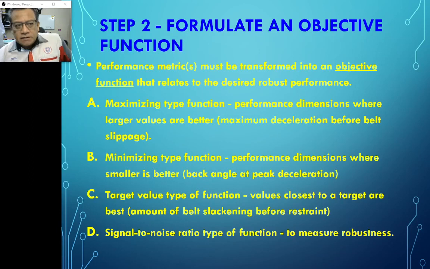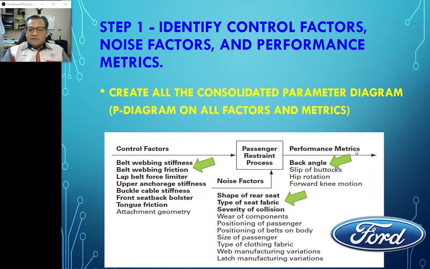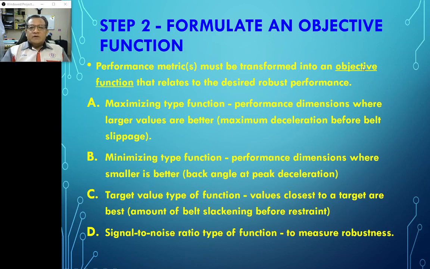Step 2, engineers need to formulate an objective function. First, performance metric, right? So performance metric is this, which is the outcome of the testing, and must be transformed into an objective function that relates to the desired robust performance, right?